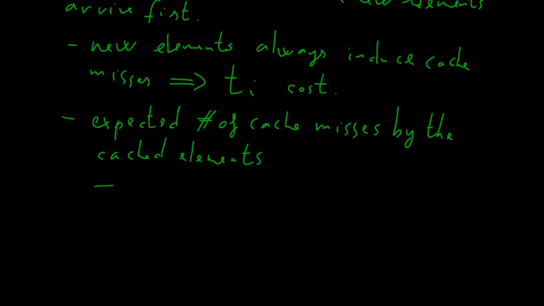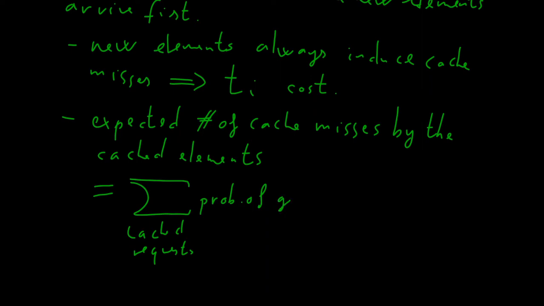It's just the sum, for each cached request, of the probability that the given request induces a cache miss.